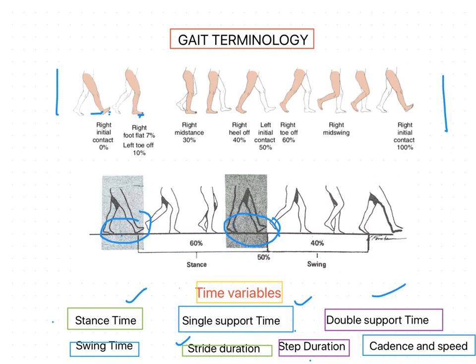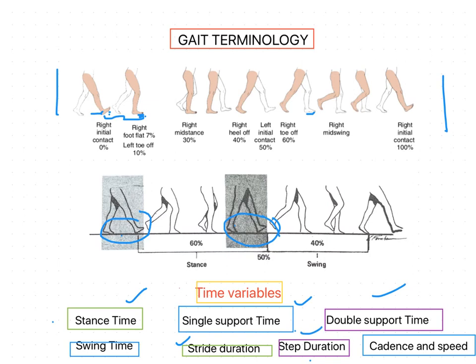And again for the left limb, the next heel strike is the next step. So how much duration one step takes is called step duration. When there is weakness of an extremity or pain, step duration may be decreased on the affected side and increased on the unaffected side. So that is step duration.